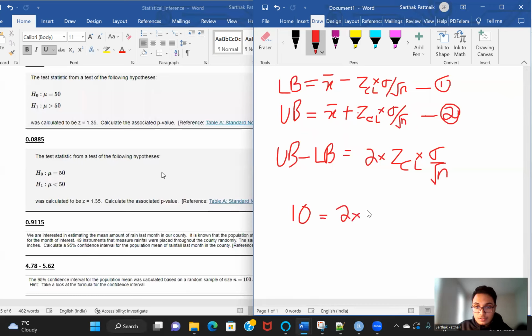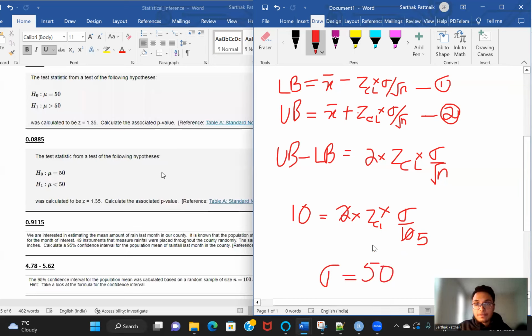So 10 equals 2 into Z critical sigma by 10. This is going to get cancelled here, and this will be 5. So you get Z critical sigma as 50.